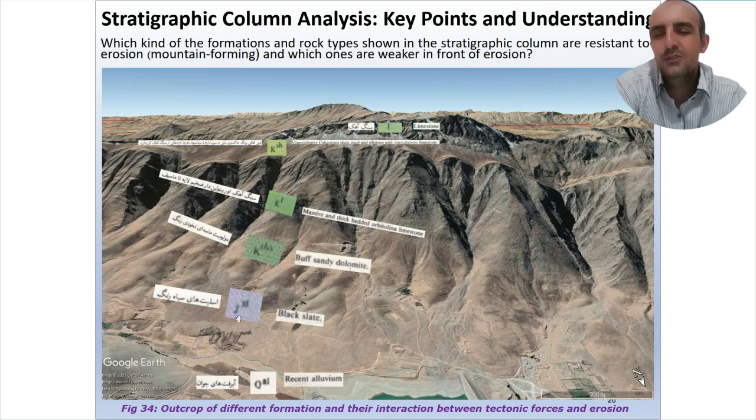As you know, JSL means black slate that are related to the Jurassic. And as you see in this area, these are black slate, and you can see they have black color. And this formation, as you see, is very low in elevation.